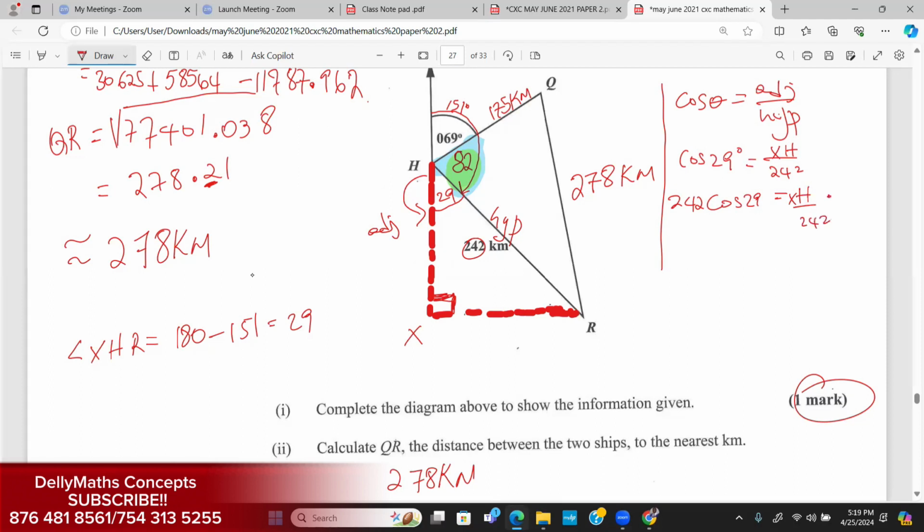If we multiply both sides by 242, you'll see that it cancels. So XH, which is the distance that we want, is 242 times the cosine of the angle 29. And it's going to spit out our response.